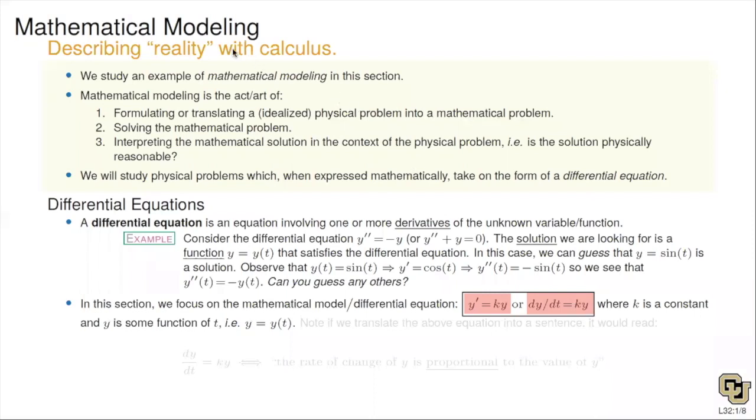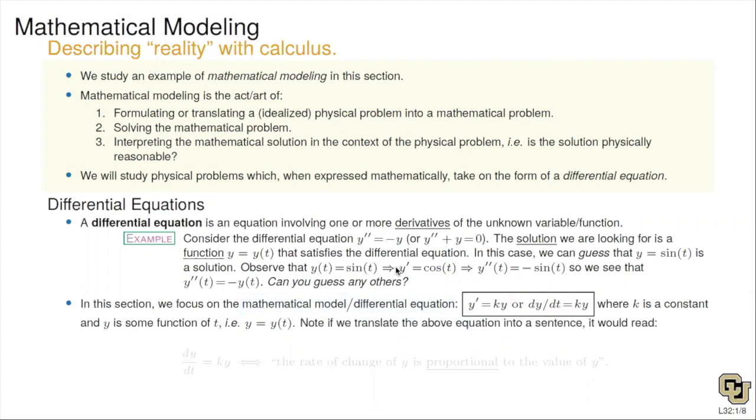So here, when we say mathematical model, we're referring to a differential equation. So this is the only model we're going to look at in this section. Like I said, you'll take a whole class on differential equations just devoted to solving different differential equations. But we're just going to focus on this y prime equal to ky. So here, k is some constant. And as I said, y will be a function of t.